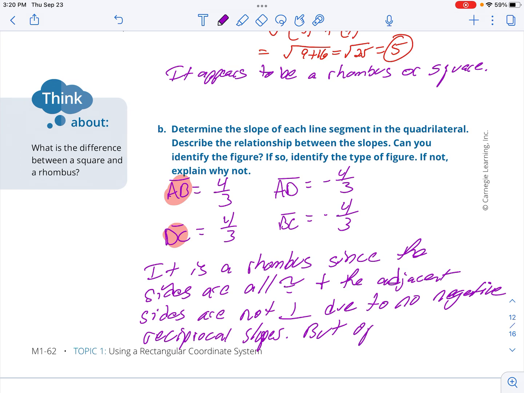But opposite sides are parallel since the slopes are the same.